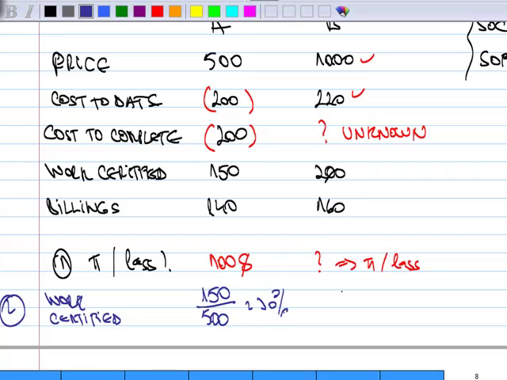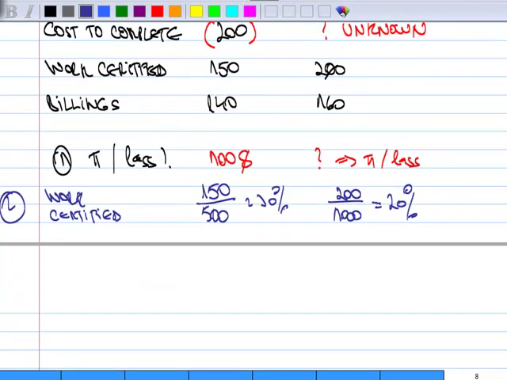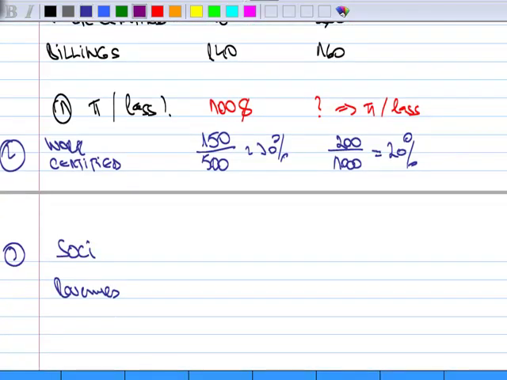For project B, work certified to date is 200 out of 1,000, which is fairly straightforward, 20%. Now, all you are left to do is to prepare the income statement figure and the statement of financial position figure. And you will always start in the exam with the statement of comprehensive income figure. I will have to show revenues, and revenues are shown by reference to a stage of completion, meaning what I will have to do is multiply my percentage with the contract price.